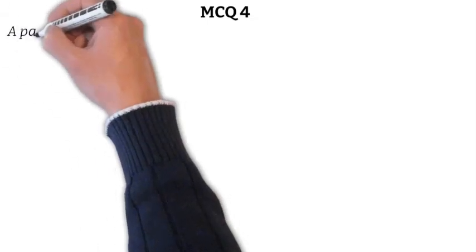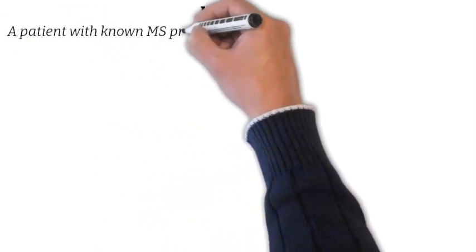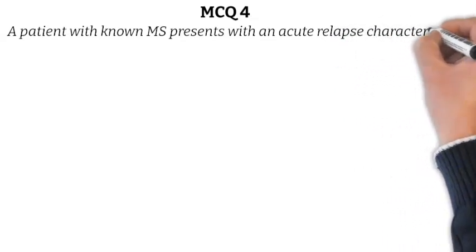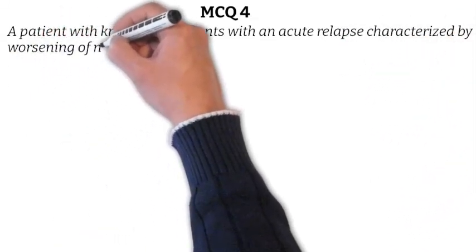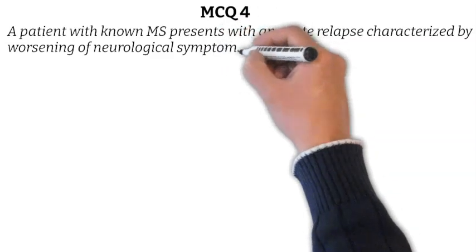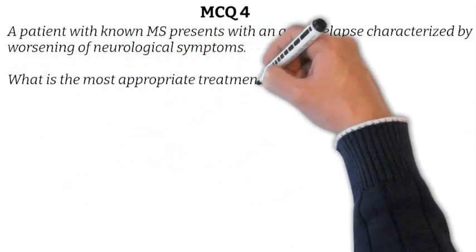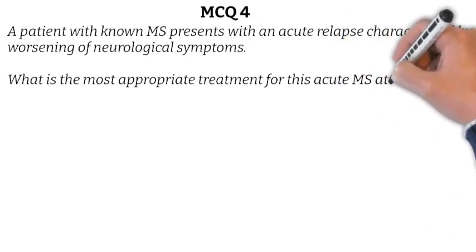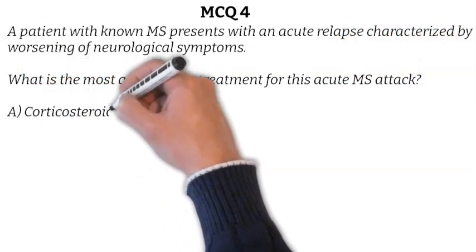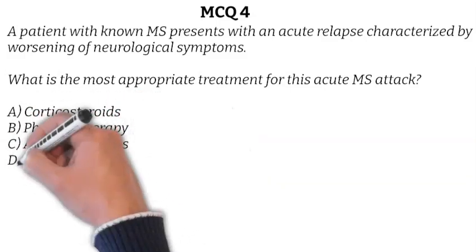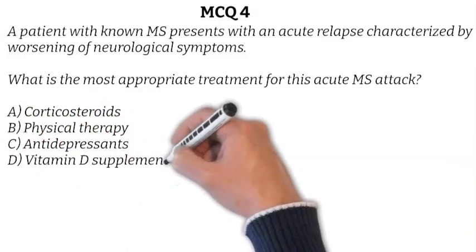Okay, multiple choice question number 4. A patient with multiple sclerosis presents with an acute relapse characterized by worsening of neurological symptoms. What is the most appropriate treatment for this acute multiple sclerosis attack? For acute, what do we do? Steroid, physical therapy, antidepressant, vitamin D?